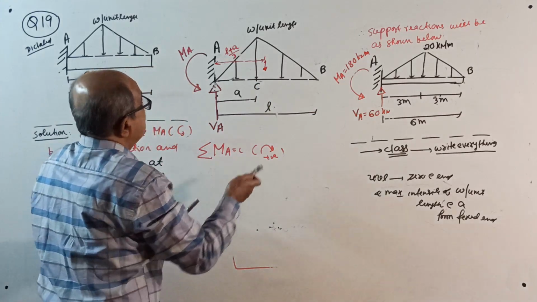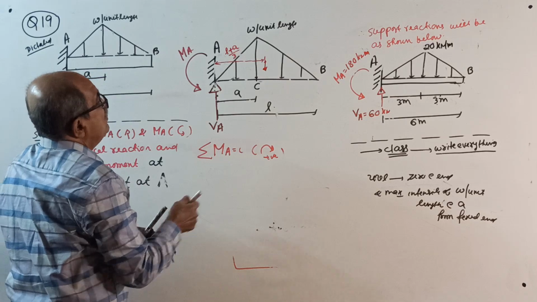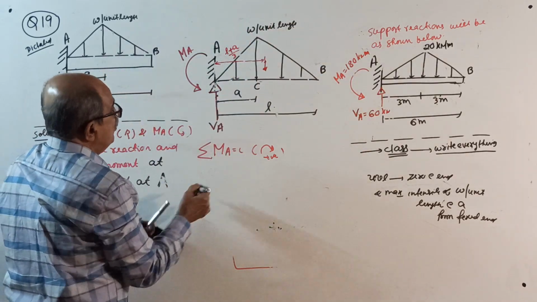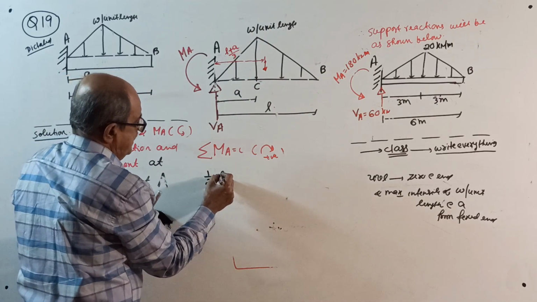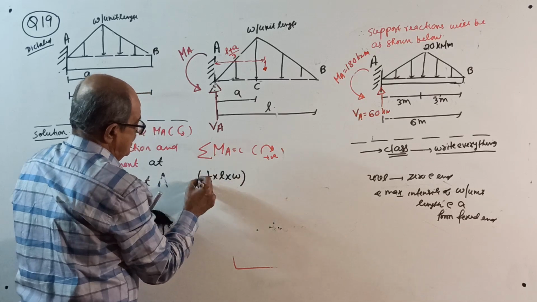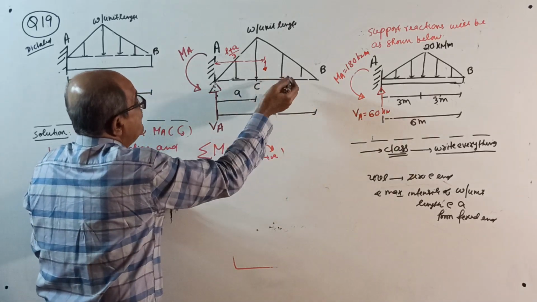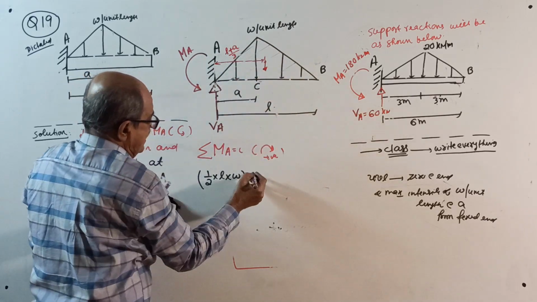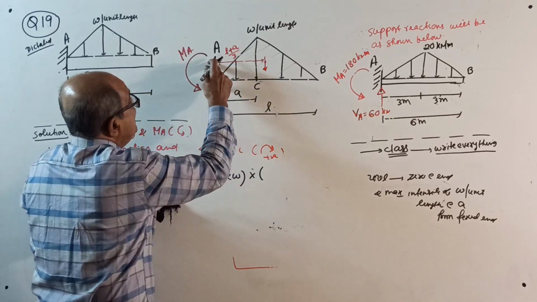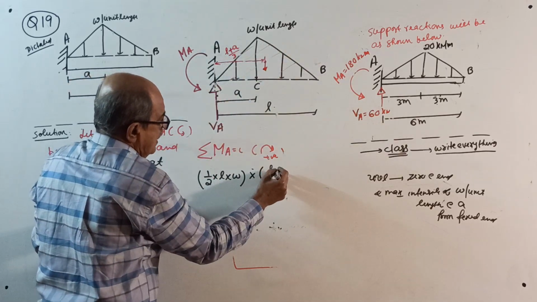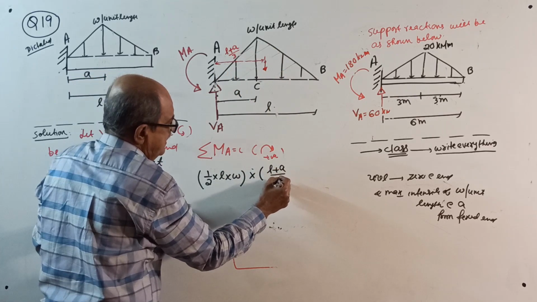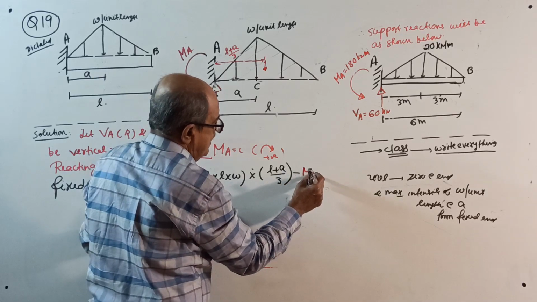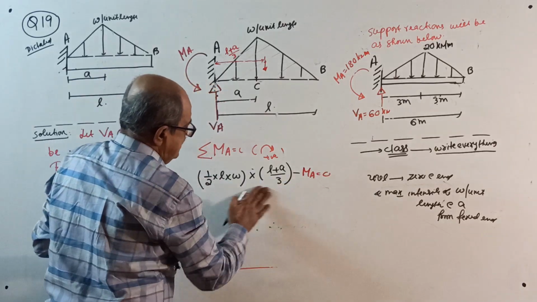Okay, start. Now, first, sigma M about A. Moment of this load: half into full load, half into L into W. That is the full load. See, I am considering the entire loading. Make a note here: entire loading into, from here to the centroid, L plus A by 3, minus MA equal to 0.